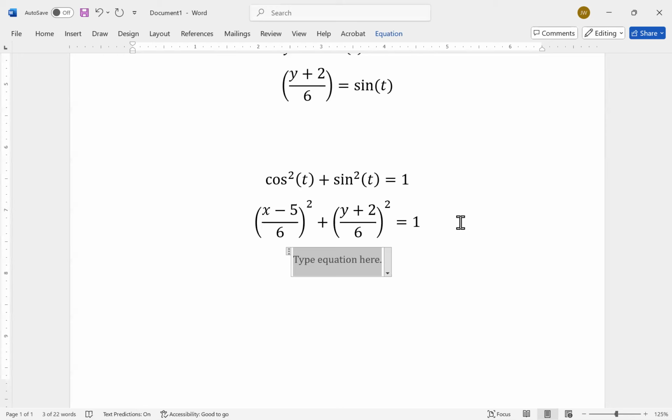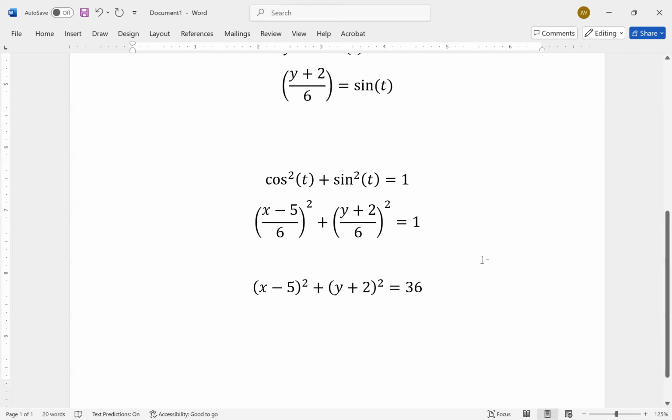So both denominators will be 36, and I'll multiply both sides by 36. That will give me (x minus 5) quantity squared plus (y plus 2) quantity squared equaling 36.